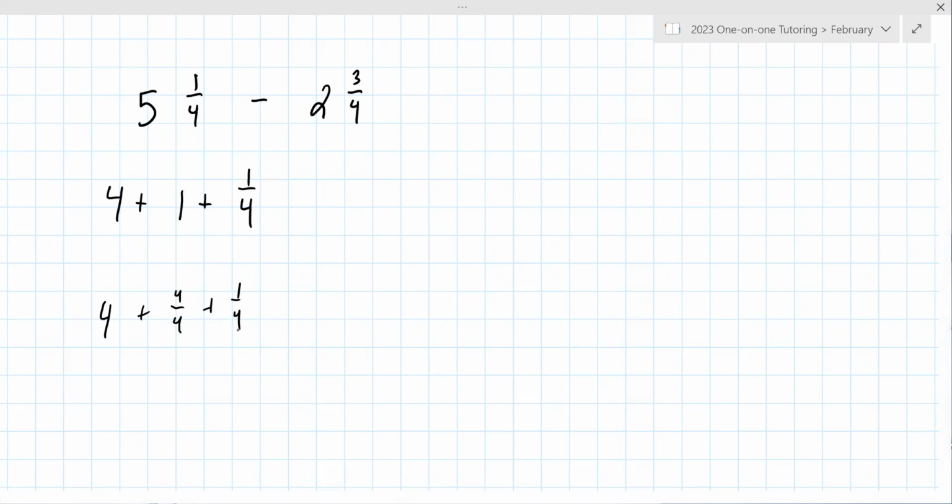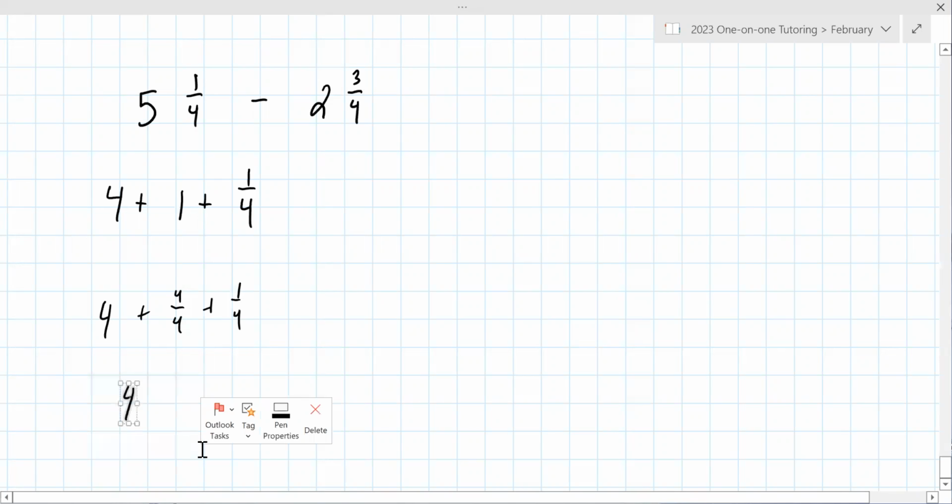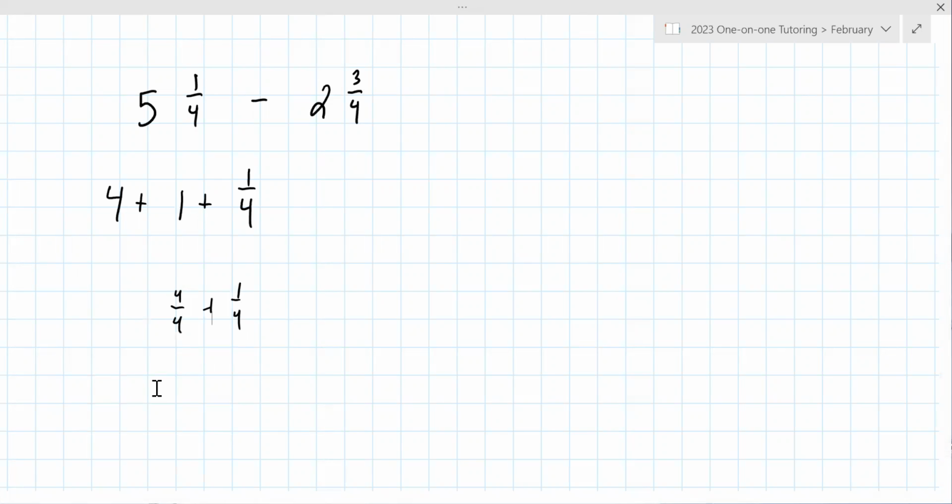I do 4 and 4. Did you add up the fractions? No, not yet. Okay. Well, I would recommend adding the fractions.